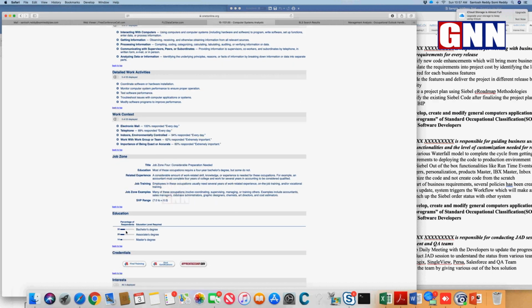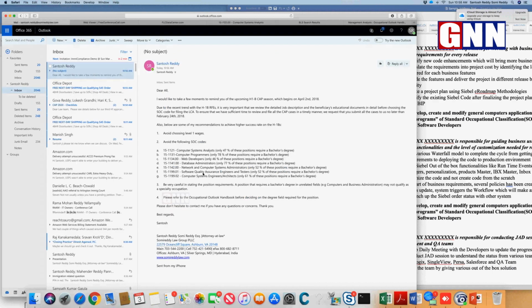Only 33% of these positions require a bachelor's degree. So if you are paying the person level 1 or level 2, it will be very tough to show that the position will fall within the 33%. Is it clear?